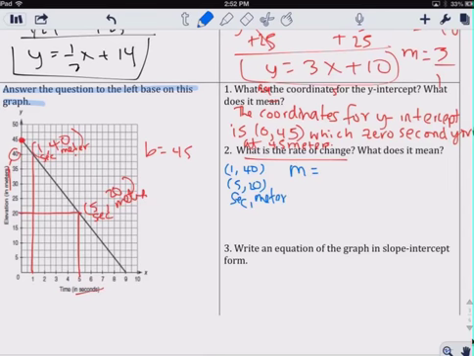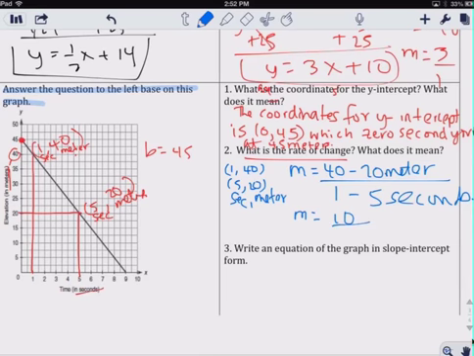So slope is 40 minus 20 meters over 1 second minus 5 seconds. Okay, m equals 10 over -4, or m equals -5 over 2.